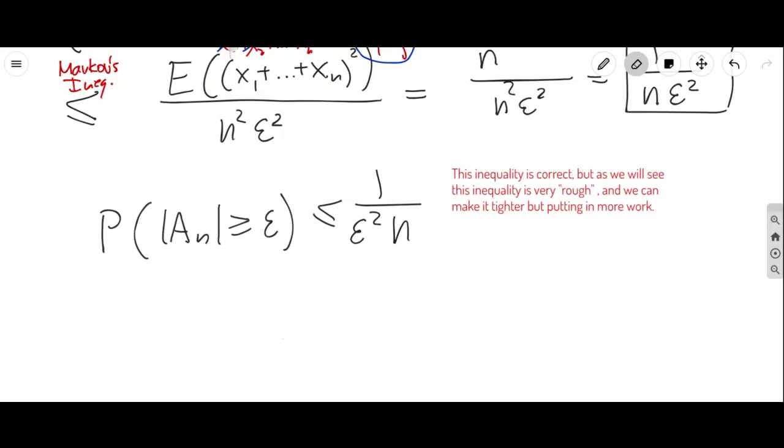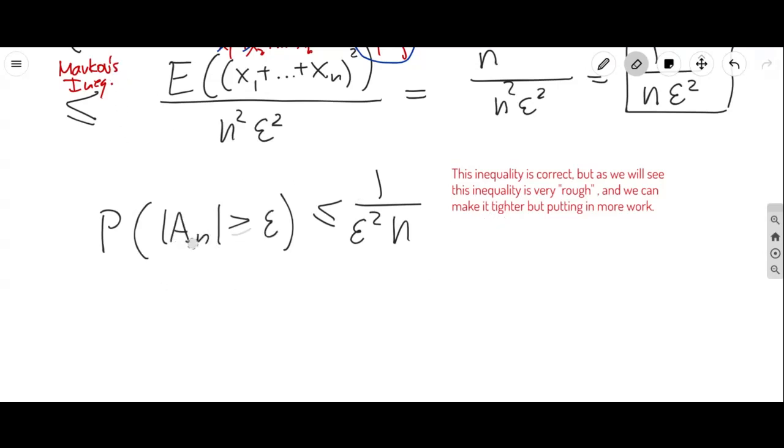You might ask, why does that even matter? Why do we even care? I'll show you an example of why you would care about something like that. But if you're wondering, why did we prove it like this? Why not prove it in a tighter way?